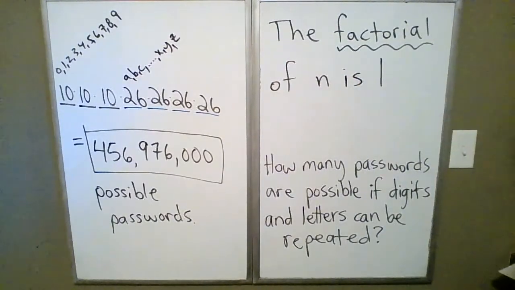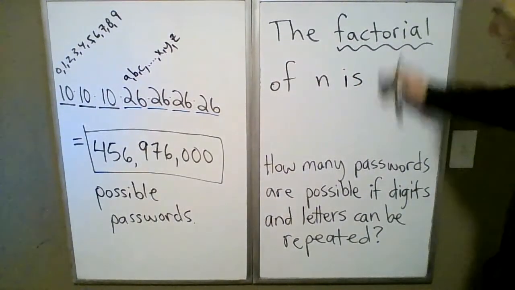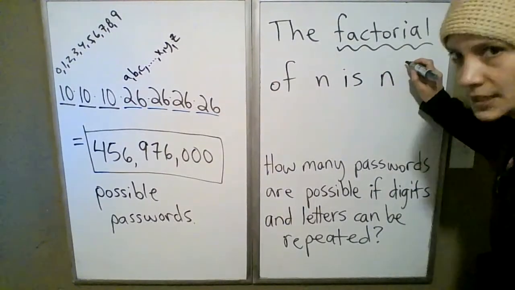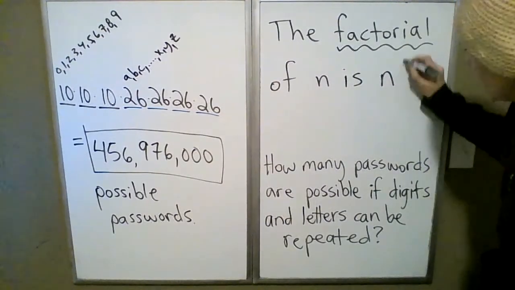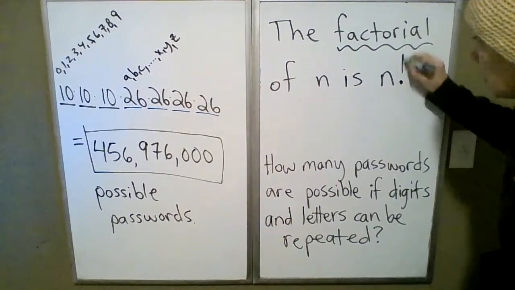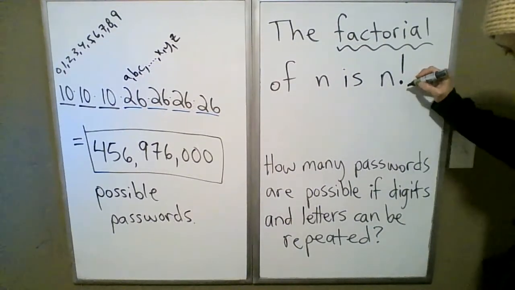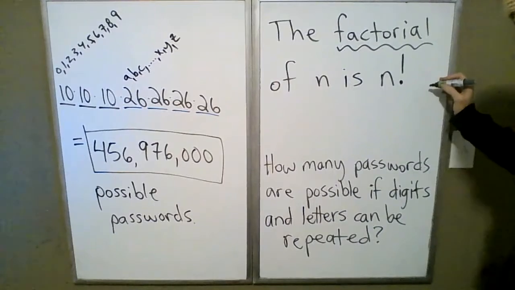It's a little n, and this symbol is supposed to be factorial. It looks like an exclamation point, but mathematically read as n factorial. And it is the product of all integers between 1 and n.